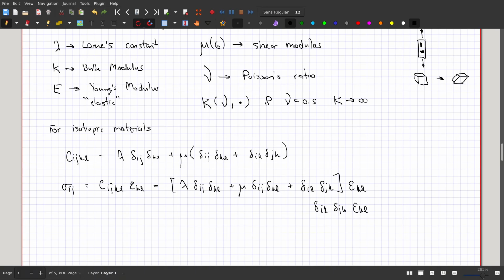Remember when we first talked about this, if you have a Kronecker delta function and you have a repeated index, we can do it either way.